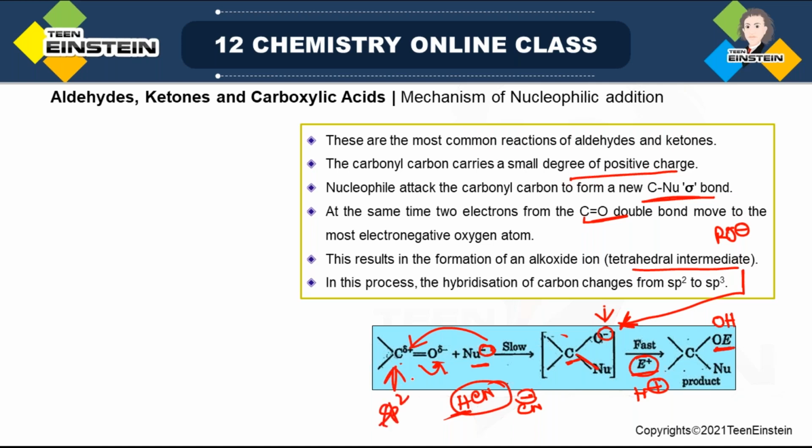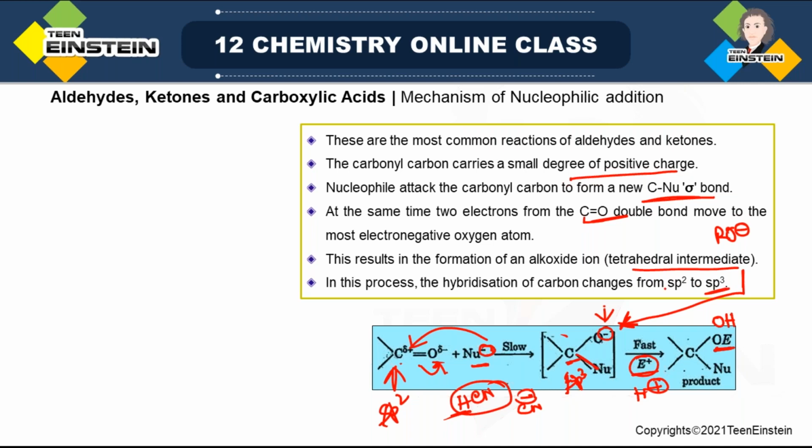Hybridization we have already discussed. Remember in one slide we discussed the structure of the carbonyl group in detail. So it is sp2 hybridized, but after nucleophile addition, the hybridization is sp3. And for sp3, we know it is tetrahedral, right?